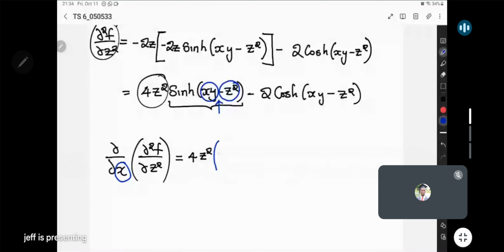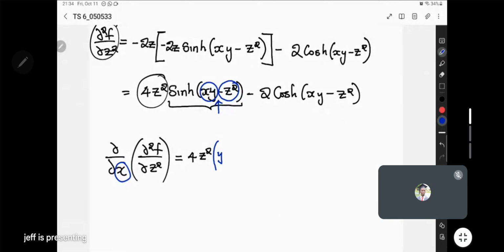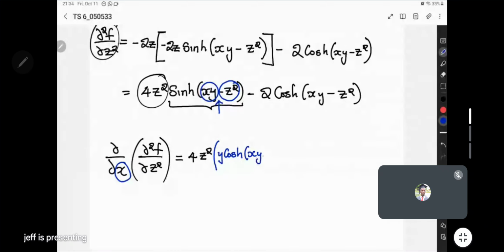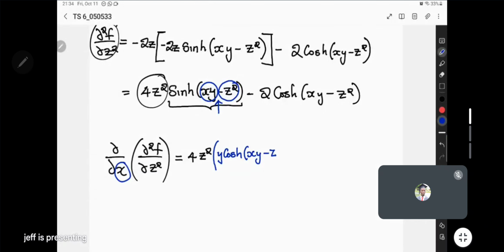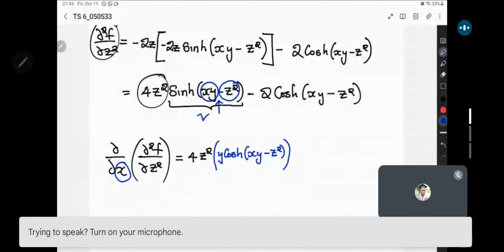So differentiating the argument, only y survives. Then we differentiate the sinh, and that will be cosh. The argument remains the same. So we're done differentiating the first term.